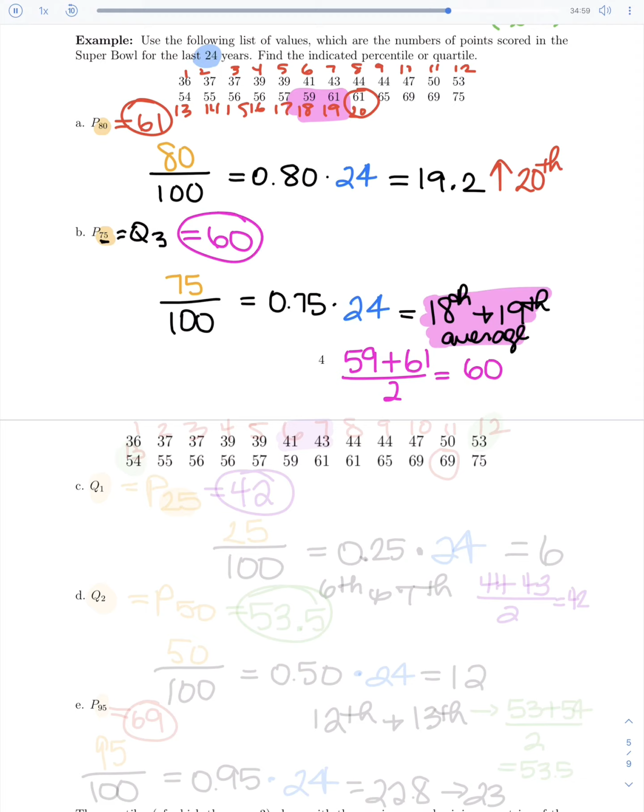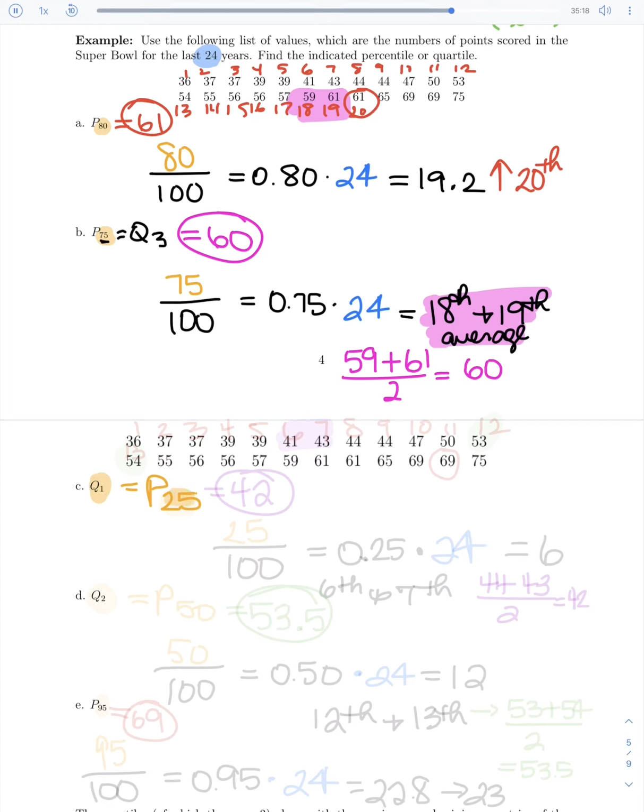Let's try a couple more examples. Let's take a look at the next one. In the next one, again, we have a quartile this time instead of a percentile, but it means the same thing. So remember that the first quartile is the same thing as the first 25%, so it's the 25th percentile.